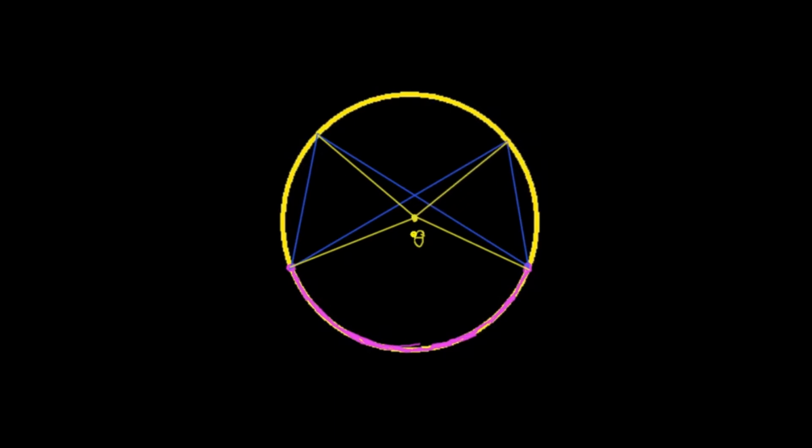Again, these two lines come from the center of the circle to the circumference, so they are the radius as well. So the 4 yellow lines are the radius of the circle, and the 4 blue lines are the chords in this circle. I will apply the concept from circle theorem number 1.